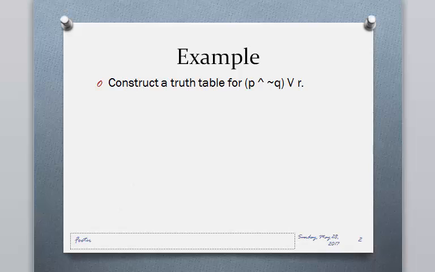So as we begin, we're going to make a column for the P, the Q, and the R. And we're going to keep in mind that there will be 8 different possibilities in each column.